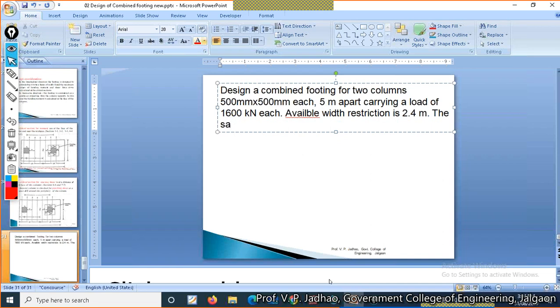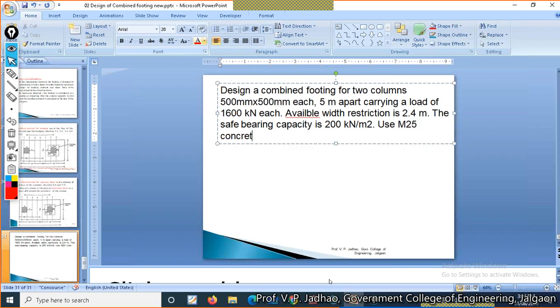The safe bearing capacity is 200 kilonewton per meter square. Use M25 concrete and Fe 415 steel.